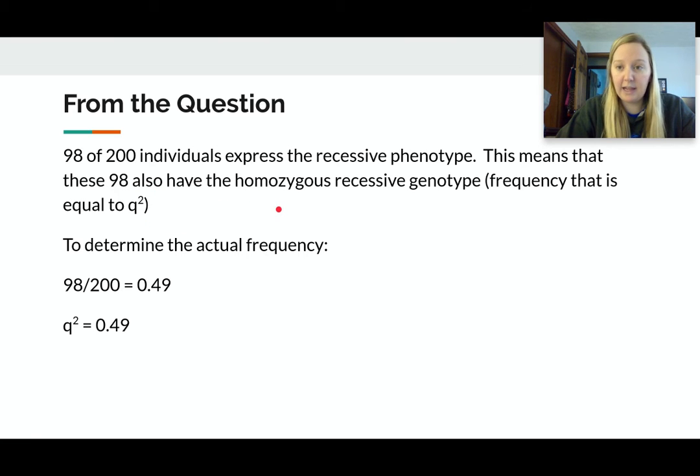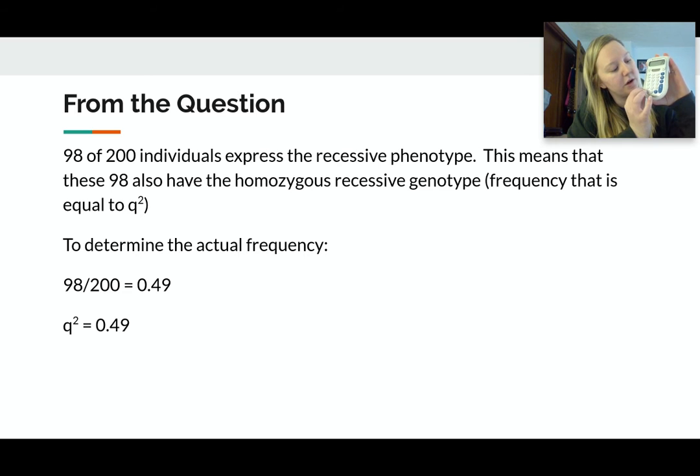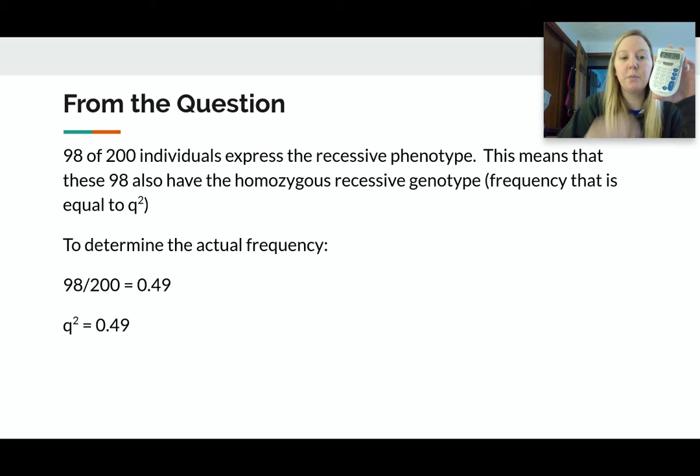To determine that, we take our part, so 98 divided by 200. All you guys need is a basic calculator. These are the ones I keep in my classroom. So 98 divided by 200 is 0.49. You round to 2 decimal places here. 0.49 is our q squared value.